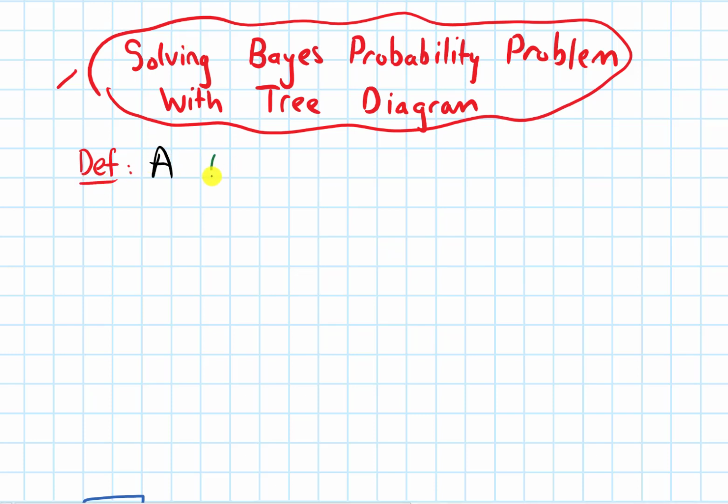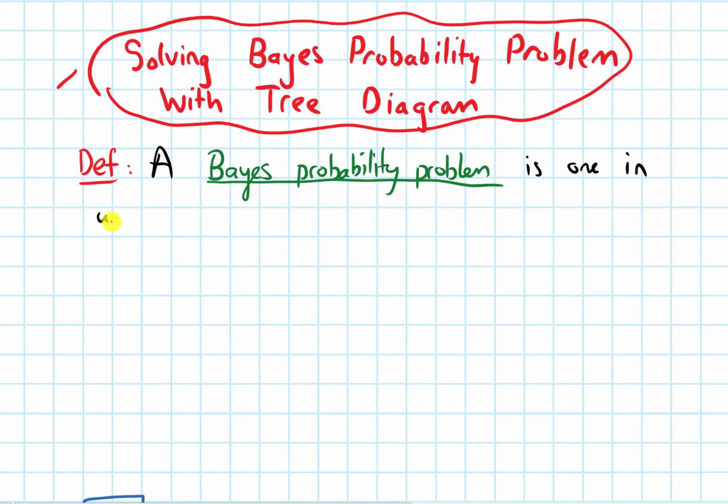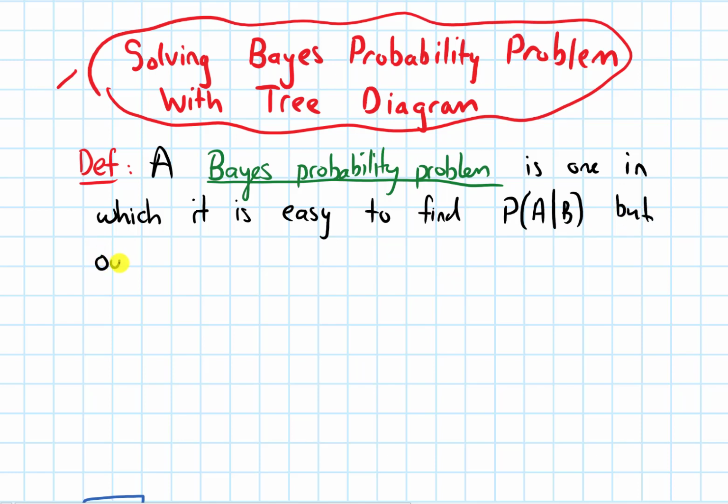So a Bayes probability problem is one in which it is easy to find a conditional probability like P of A given that B occurs, but our goal is to find the reverse direction.